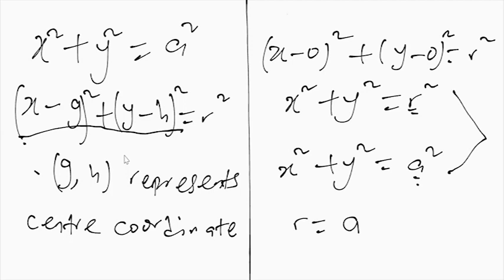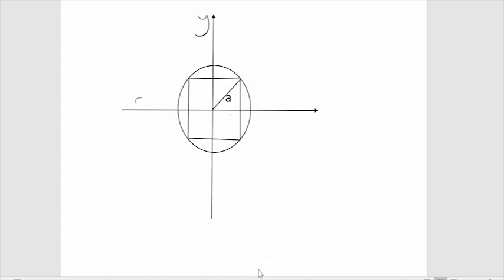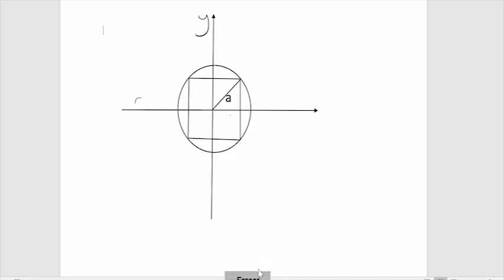So now let's do the sketching of the information that we have. Here we are. This is our y-axis. This is our x-axis. Now, we've been able to show that the radius of the circle is a. So we have from the origin to the circumference to be a. This is x-axis, so this will be x. This will be x.